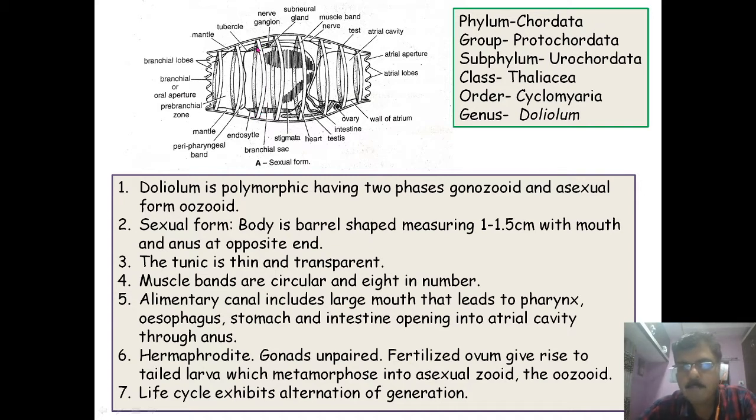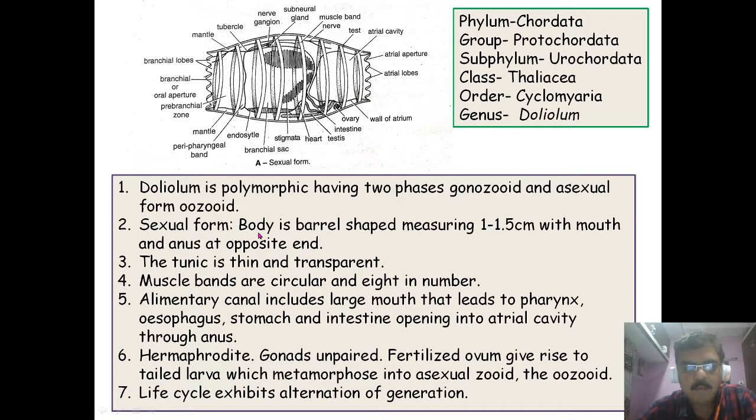The Doliolum is polymorphic, that is morphologically different forms having two phases. One phase is called a gonozoid and the other, the asexual phase, is the oozoid. This is the sexual phase or sexual form, that we call a gonozoid.